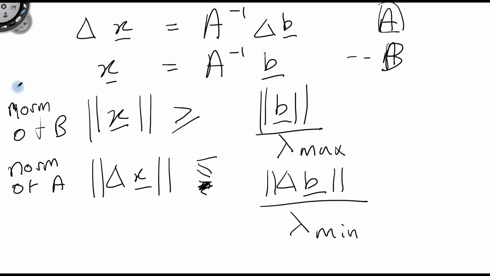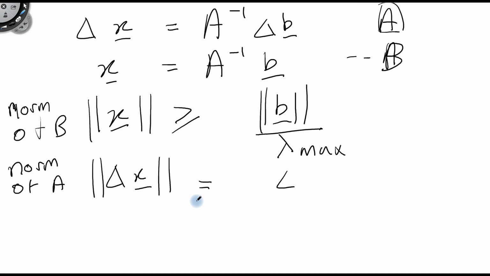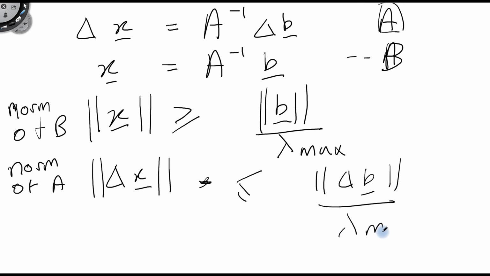The reason we're doing this first, this is really basically the argument we had before. So that's less than or equal to, which has been an inequality, delta b over lambda min.